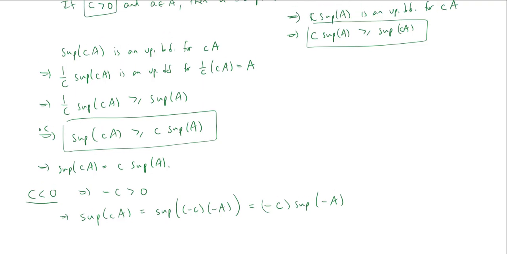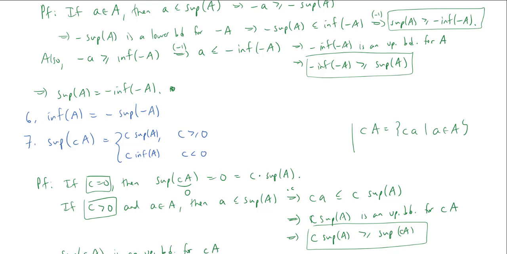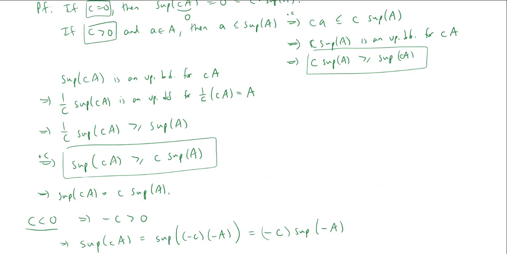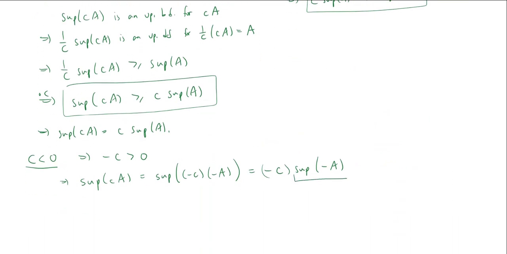But let's go back up. If I have the supremum of negative A, well, by 6, you just move this minus over. So this is equivalent to saying that the negative of the infimum of A is equal to the supremum of negative A. So I can replace the supremum of negative A with the negative of the infimum of A. So I come down here, I have the supremum of negative A. This is the negative of the infimum of A, all right?